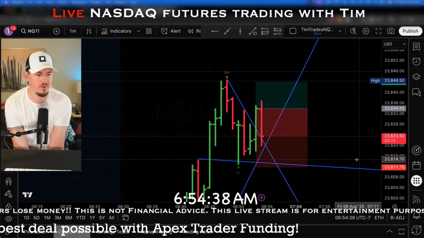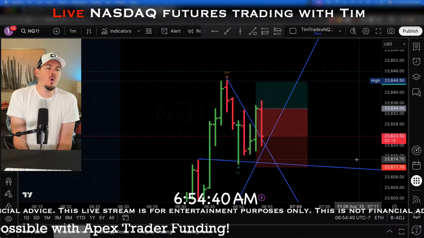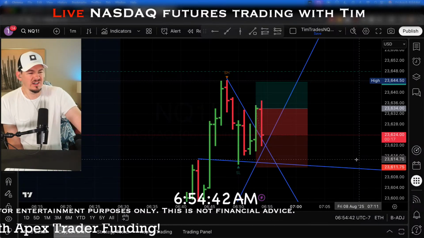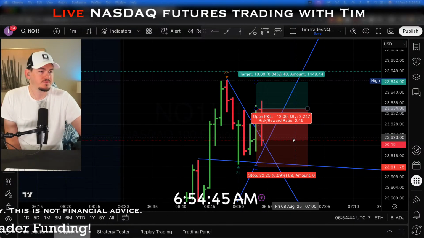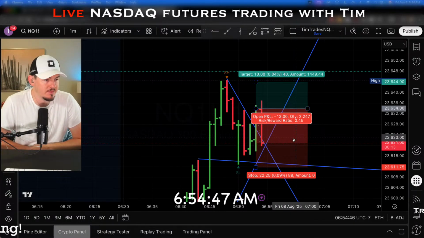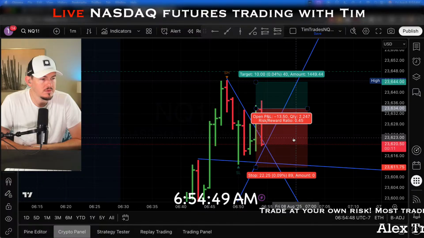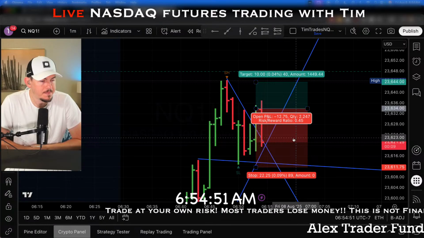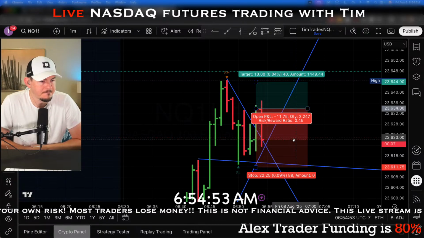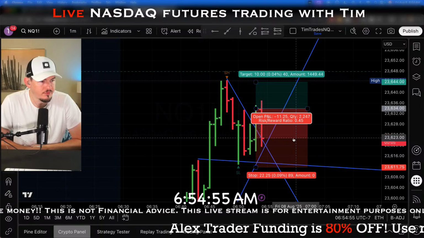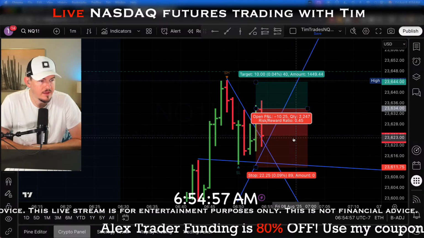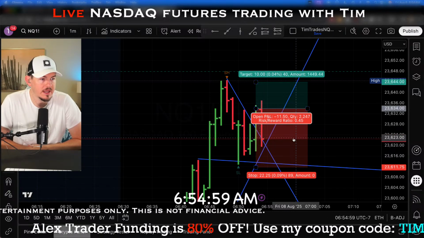Market is pulling back. Don't like that. I don't like the pullbacks. The thing with that pullback is that it kind of pumped up and then pulled back.